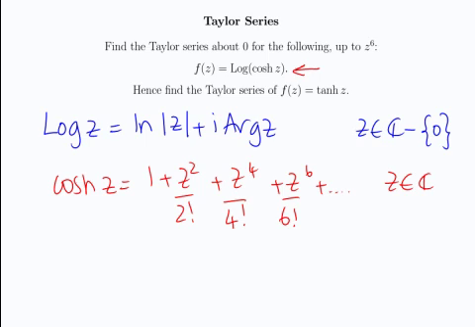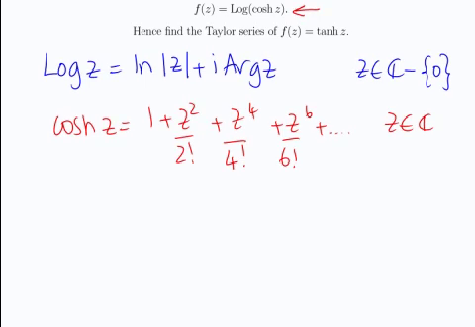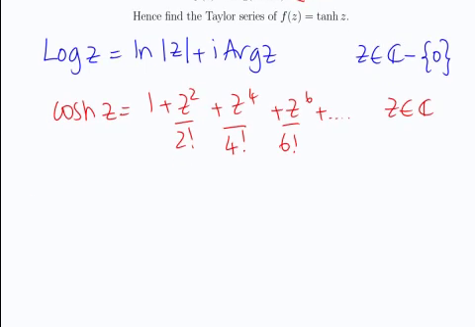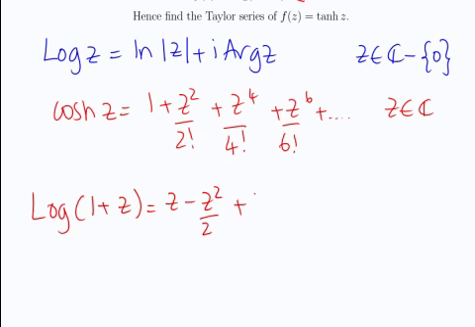That's the Taylor series for cosh of z about z equals 0. And we've also got a formula for the log of 1 plus z, and that one is valid for the modulus of z less than 1.